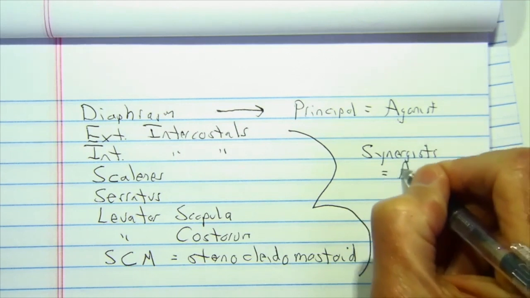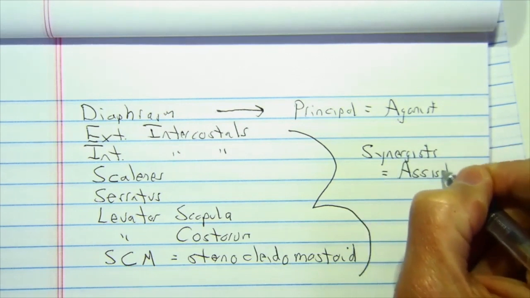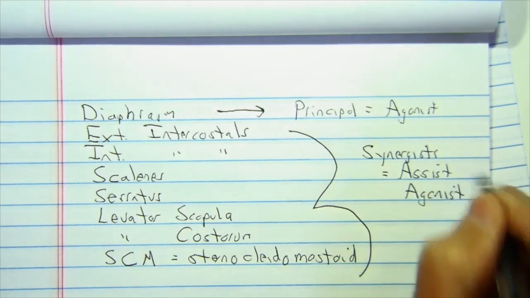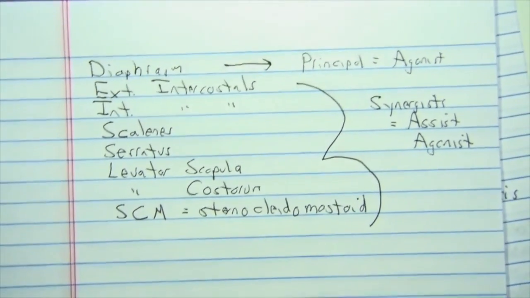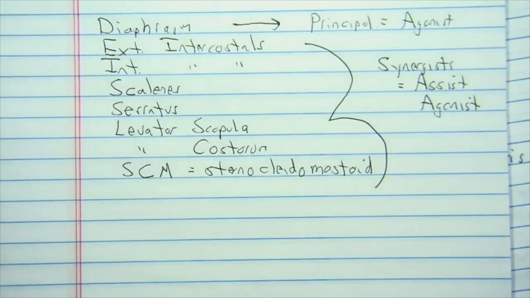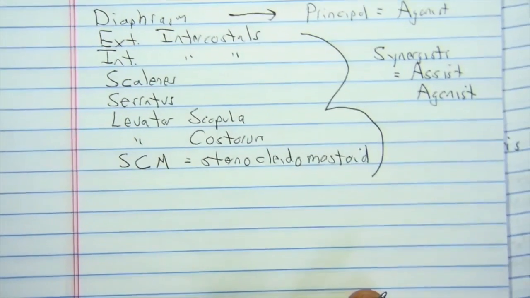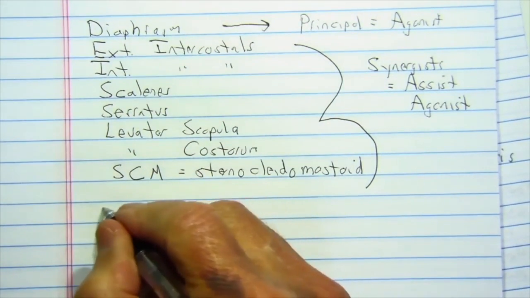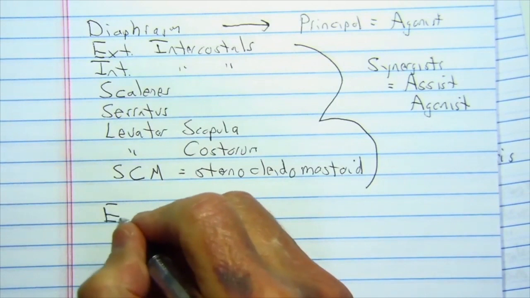Equal assist. So they're going to assist the agonist. And then one other thing I think is very significant, because if you're going into healthcare, you're going to be talking about chest tubes and pneumothorax, hemothorax. Think of the external intercostals.